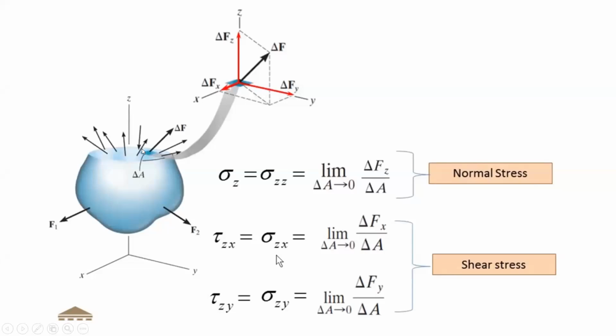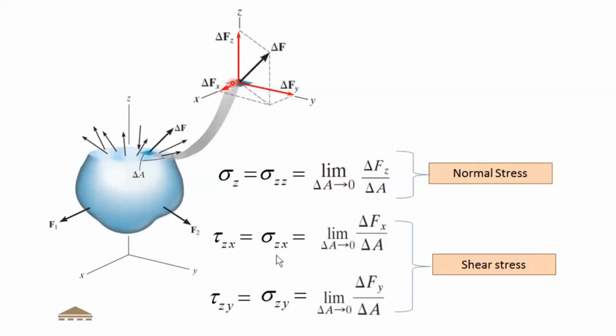What we have done here is we have taken a body, we have taken a section, and then we have considered a small area dA or delta A, and on this area the total resisting force that is generated is represented by this vector delta F. So we have considered a small area, and the net force that is generated inside the elastic body is delta F. Now this delta F is a vector in 3 dimensions, so we can resolve this force into x as delta Fx, in y as delta Fy, in z as delta Fz.